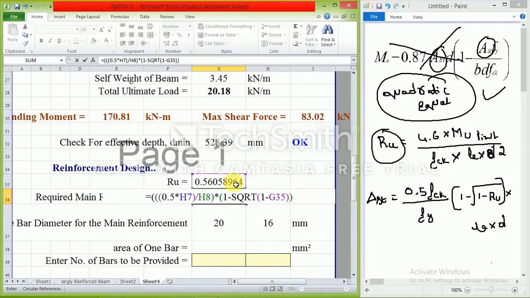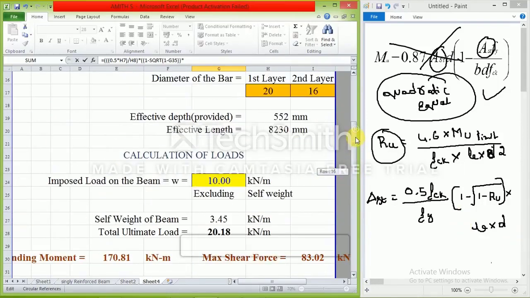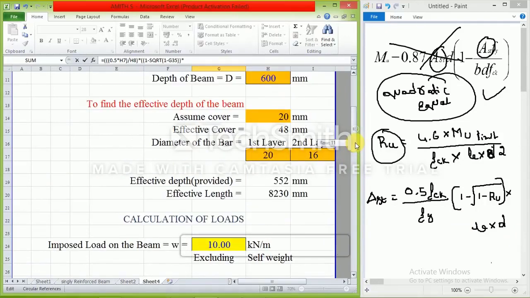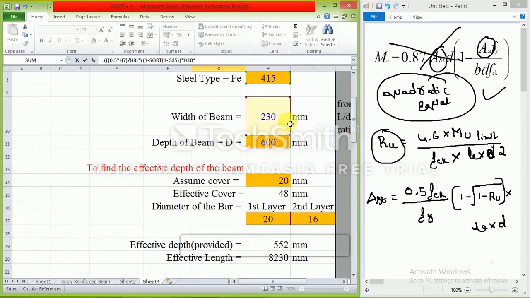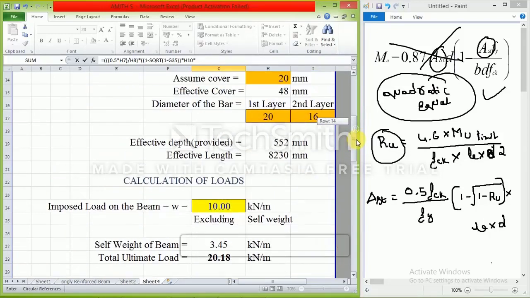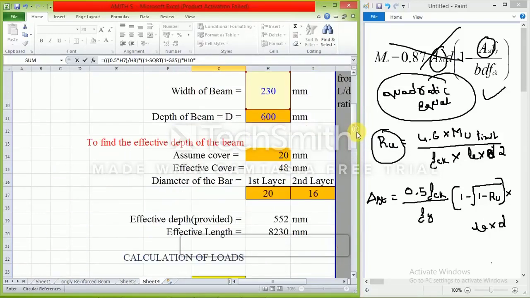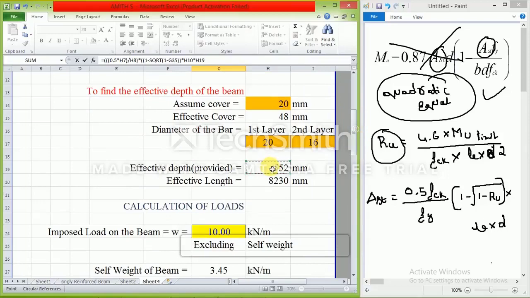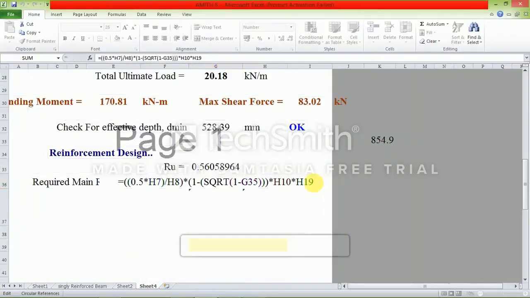They are given into breadth. Breadth means width of the beam, that is somewhere over here, 230, into depth, that is small d. Where is effective depth? Just a minute. 552. Fine, I'll give enter.